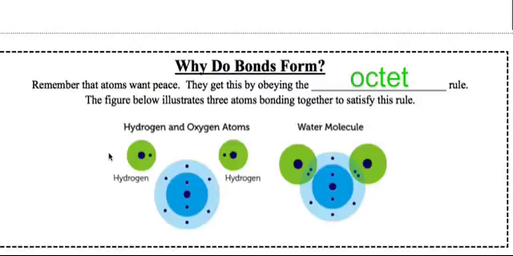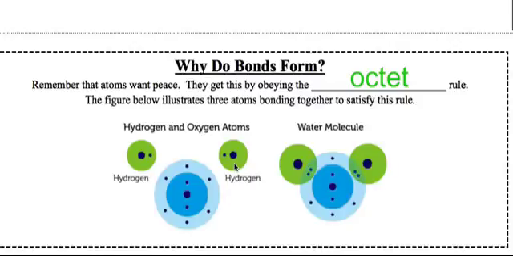So let's look at this figure here. We see that we have 3 atoms here, and let's see how they're going to satisfy this rule. You've got an electron here in hydrogen, an electron here in hydrogen, and in oxygen you have 6 electrons in the outer shell. It has that second outer shell, so it needs two more. Hydrogen only needs two electrons because it just has the one shell.